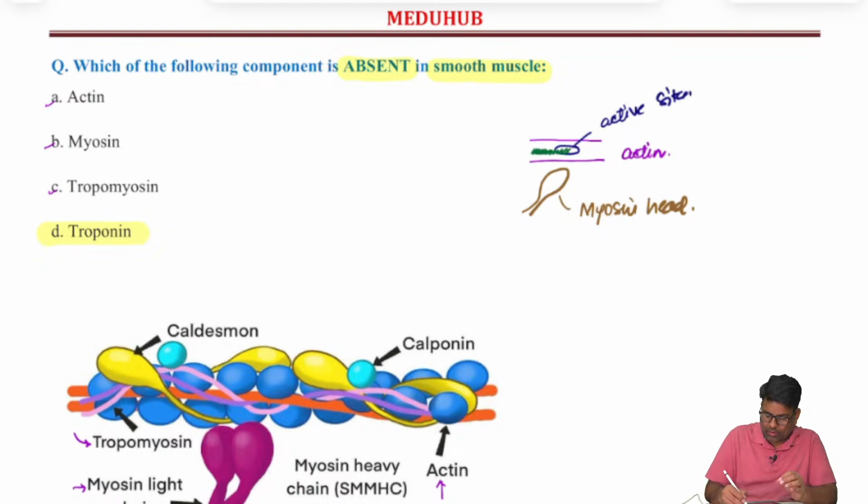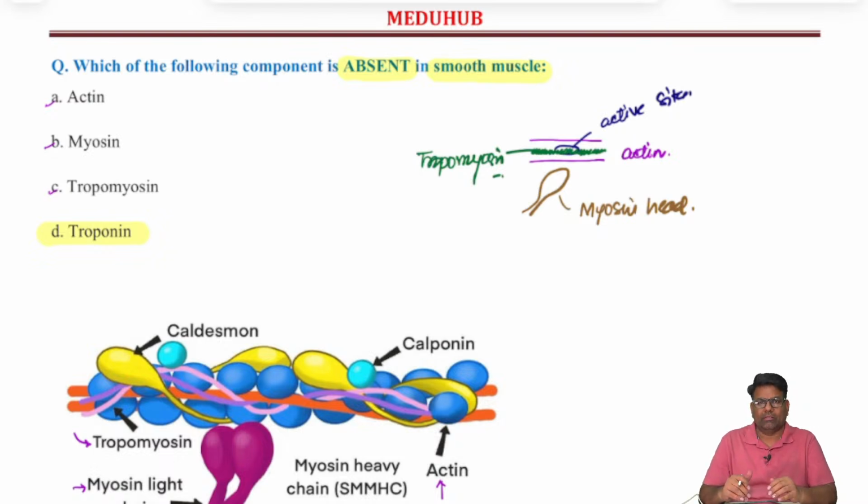Now to avoid contraction during rest, these active sites are covered by a protein known as tropomyosin, right? This tropomyosin covers these active sites and makes sure that the myosin head does not attach to them, because the moment it attaches to the active sites, it will result in muscle contraction.